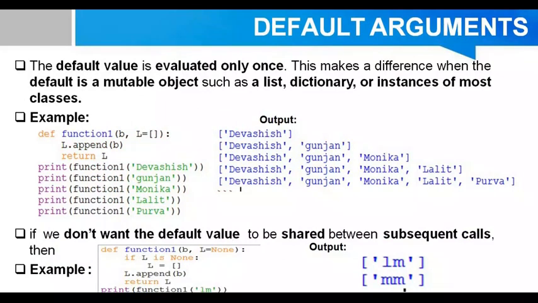See, in this example I used a function f1, or function 1, then a b variable, then a list. Here I am using l.append. You know the append method is basically used to add values at the end. So at the end of this statement I'll write return l.